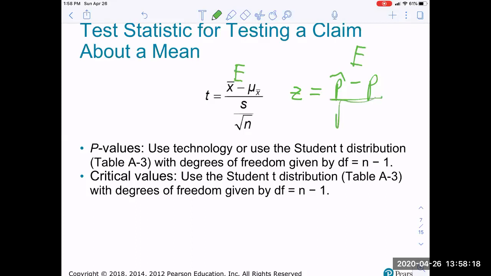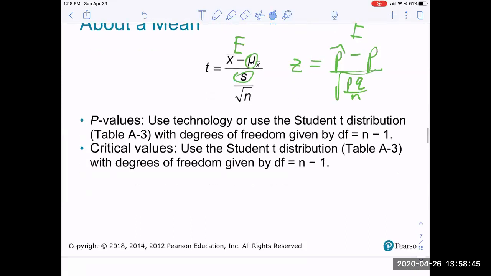And then over here we had p times q divided by n. Big difference here is not doing p and q, we're still using s, because we don't think we know what the population standard deviation is. We think we know that from our null hypothesis.